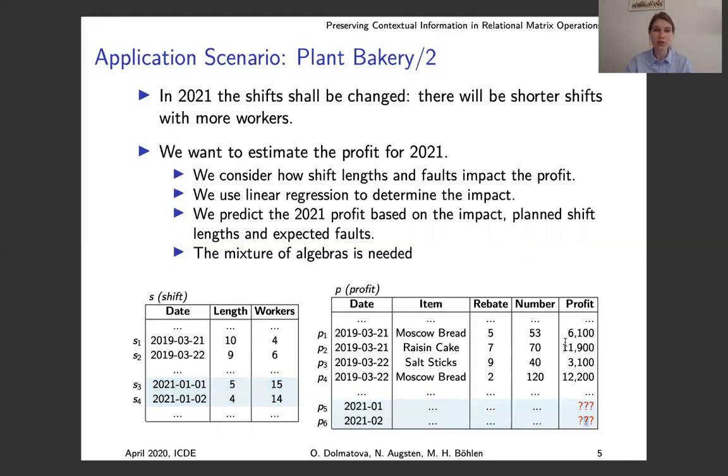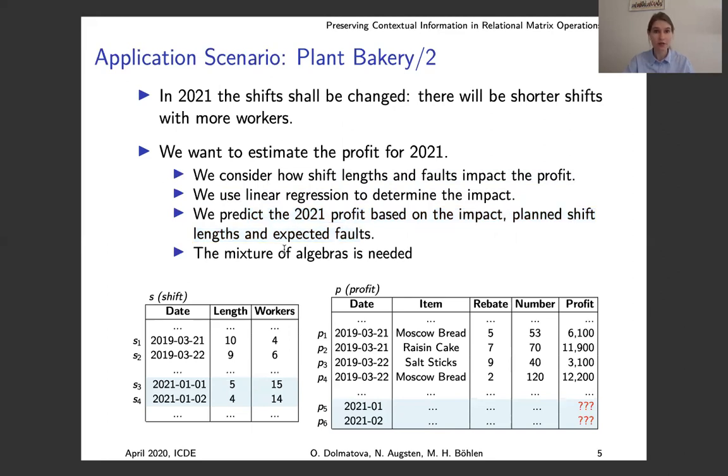Typically, tasks with prediction of certain values are solved by regression. In our case, this is a linear regression that calculates the impact of shift length and fault on the profit. Once calculated, those coefficients can be used to estimate the profit based on average fault and shift length in 2021.